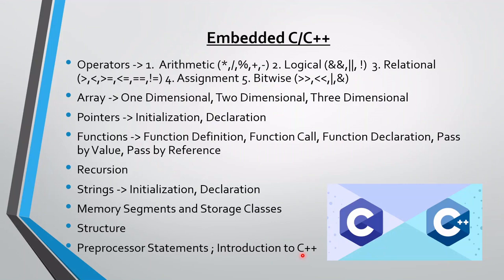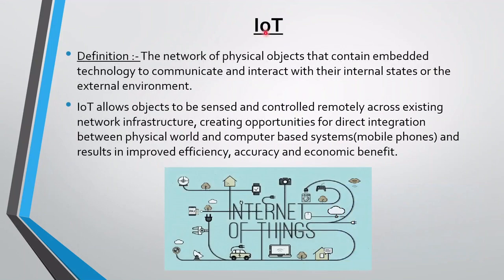Next, we proceed to the IoT topic. So, what is IoT? IoT is defined as the network of physical objects that contain embedded technology to communicate and interact with their internal states or the external environment.